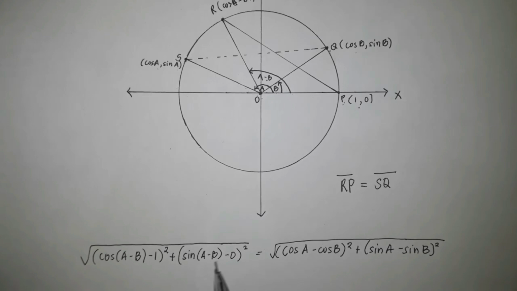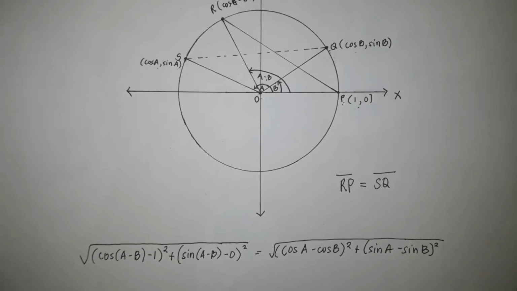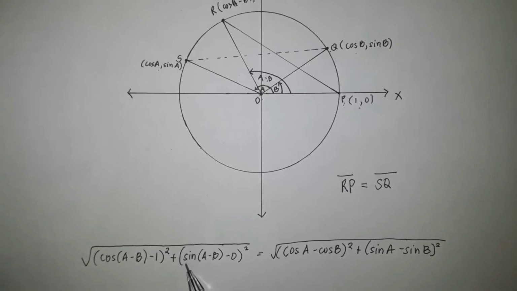So we will use the distance formula for both of the chords, and this is the result. Cosine (A minus B) minus 1, squared. Cosine of (A minus B) is the x value of R, and 1 is the x value of P. Plus sine (A minus B) minus 0, squared.